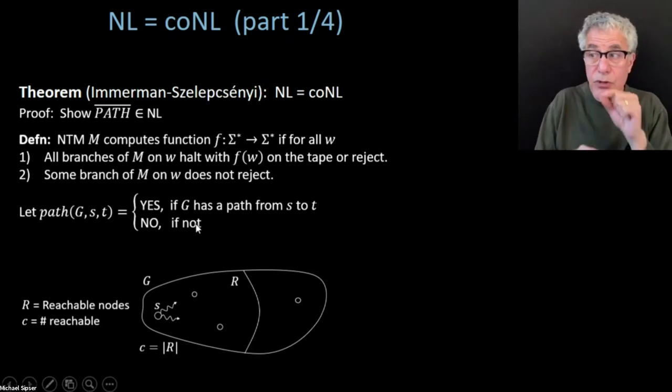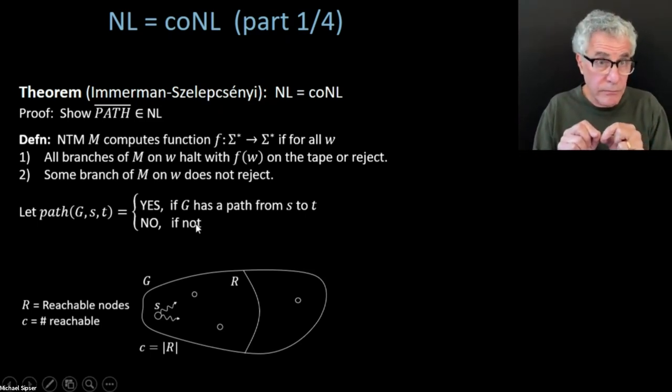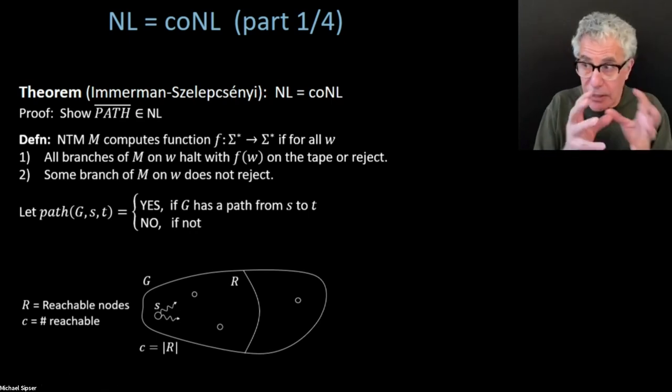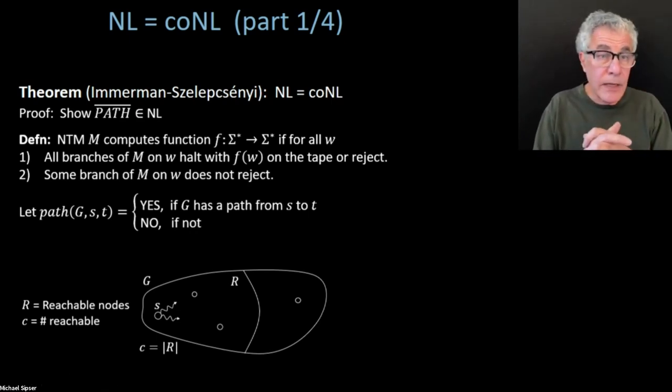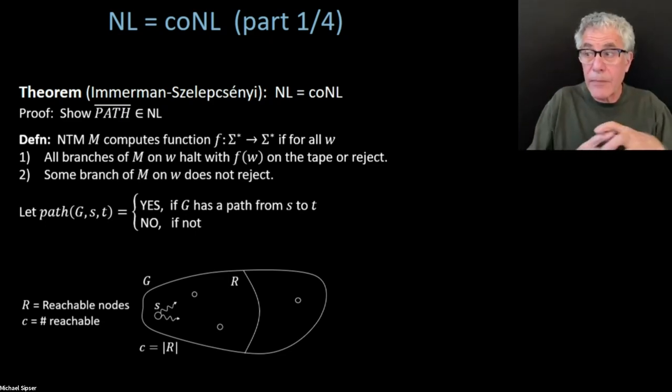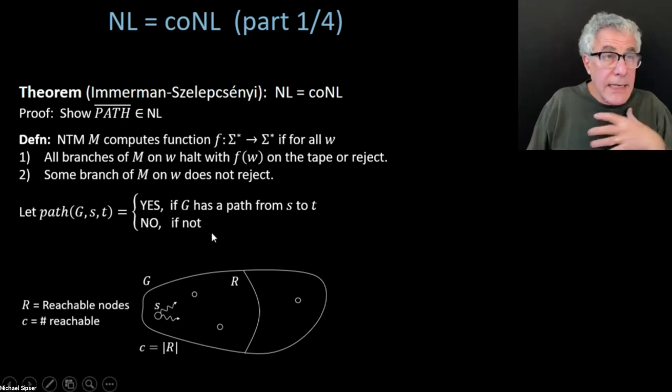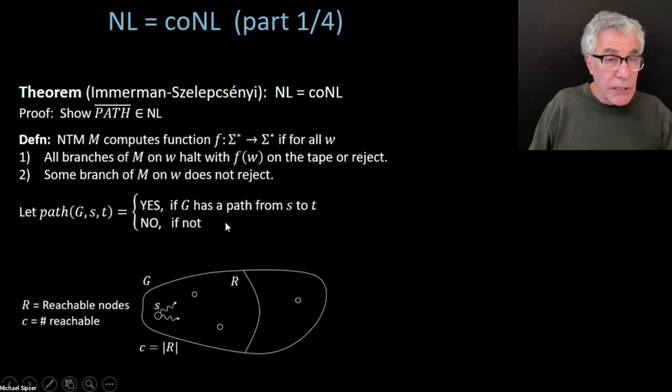This is a function which outputs yes or no, not a language. It's very closely related, I understand. If you can solve the function, you can do the language. What we're going to give is an NL machine, a non-deterministic machine, which computes this function, and therefore you can use that to do the path language.